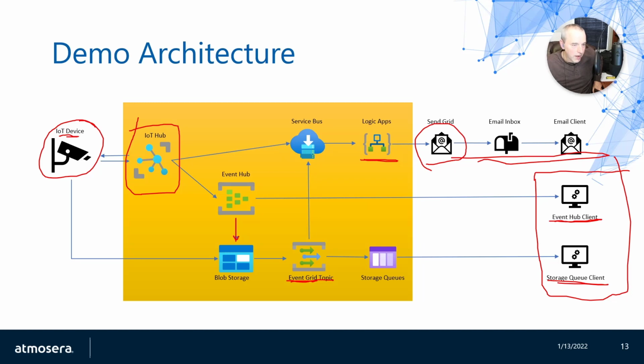The next question is, why does the IoT device need to send to blob storage in addition to the Event Hub? Is it different info? It's a different use case. IoT Hub has a limit on the size of the message that you can send through it, just like Service Bus does, and Event Grid, Event Hubs and storage queues. They have a limit on the size of the message.